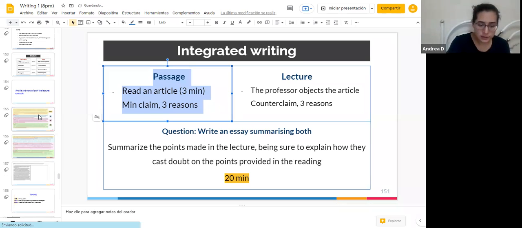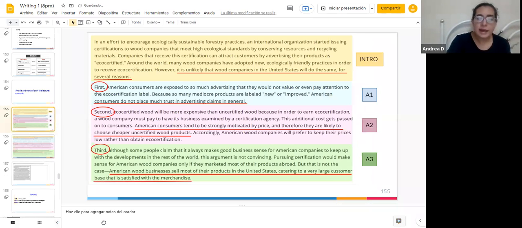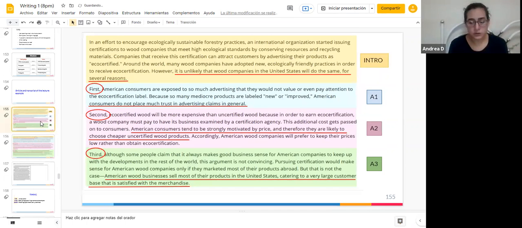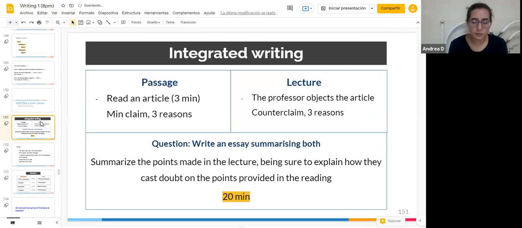So something like this. And after you read for 3 minutes, you will be listening to a lecture where the professor is going to talk about the same topic. So you read, you listen to the lecture, and finally you get the question, which is going to ask you to write an essay summarizing both the passage and the lecture.